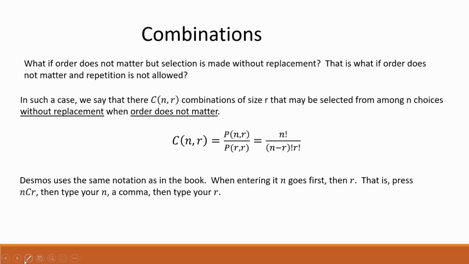It turns out that we get this formula. As you can see, it's the same as P of N R, except we're dividing by R factorial as well. That just handles the order. You could use the Desmos calculator.